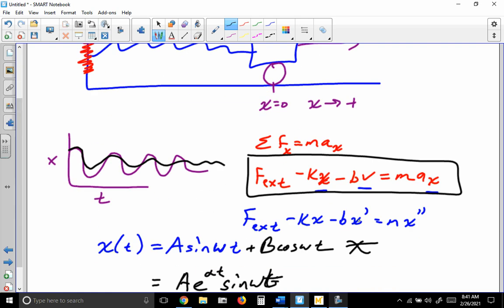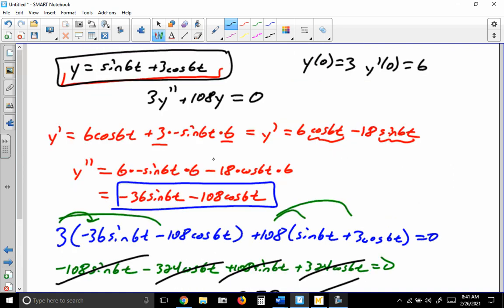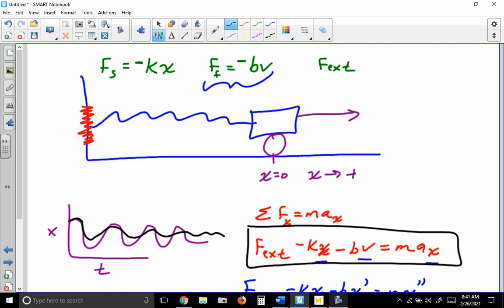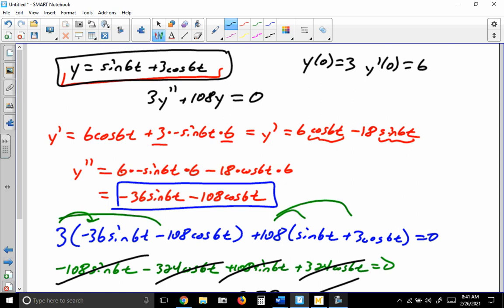We have a y term, and K is our coefficient of that, so K is 108, and 3 is our mass. This is acceleration, and we have no external force. So they just have it solved for the external force. Everything's moved to one side. But we don't have to necessarily know that. They're just wanting us to check, is that a solution to this particular differential equation?